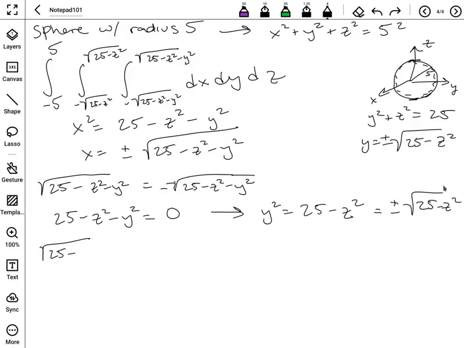Root 25 minus z squared is equal to minus root 25 minus z squared. That gives me that 25 minus z squared has to be 0 because of that previous argument that positive and negative numbers are never equal unless that number is 0. And so that just gives me that z is plus or minus root 25, or plus or minus 5.